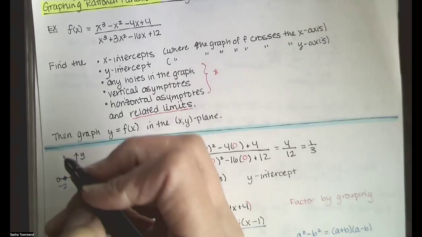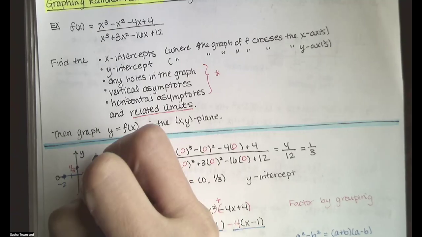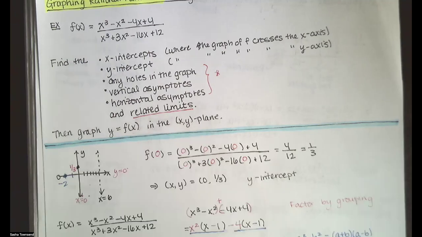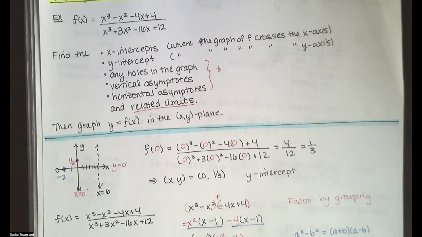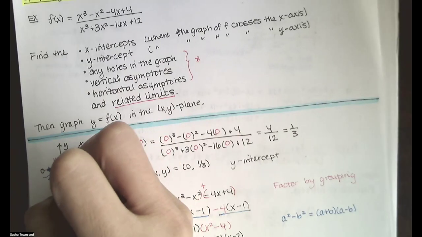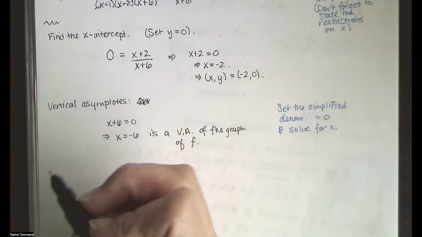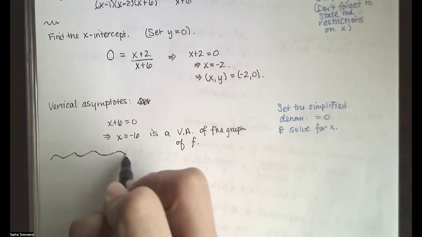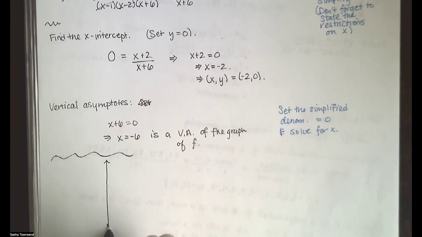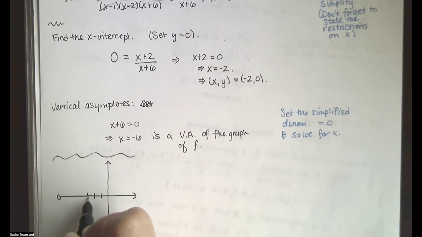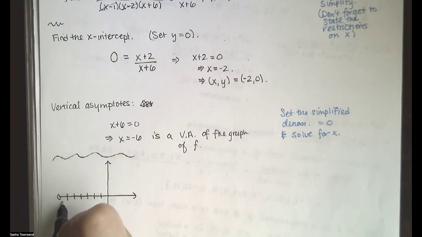So I go back here. Of course, that's not to scale. We know we're going to have an asymptote at 6, or -6? It's -6. All right. It's on the other side. Looks like all the interesting things are happening over here on the left.